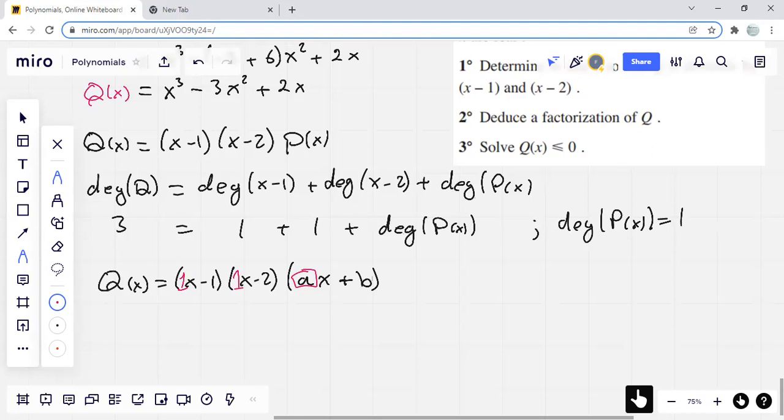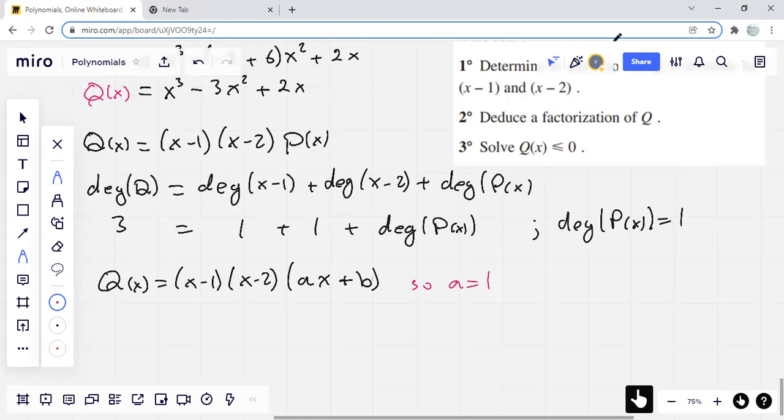So this one times this one times this one will give us x cubed, and the coefficient of x cubed will be a. Now what's the coefficient of x cubed here in q of x? It is 1. Okay, so we can directly notice that a is equal to 1.